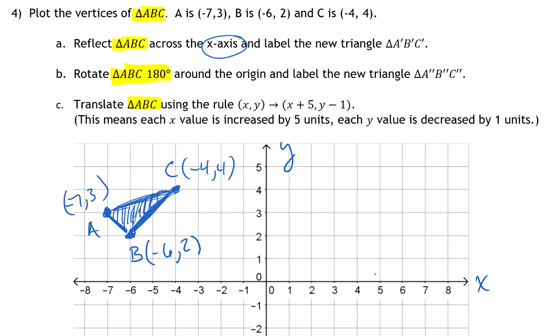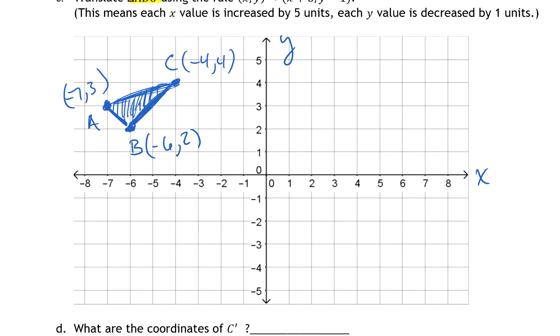And as I do this reflection across the x-axis, I want you to notice what's changing are the signs of the y values. So for example, point A was at negative 7, 3. Well, A prime is going to be at negative 7, but then negative 3. So this is where A prime lives. It's at negative 7, negative 3.